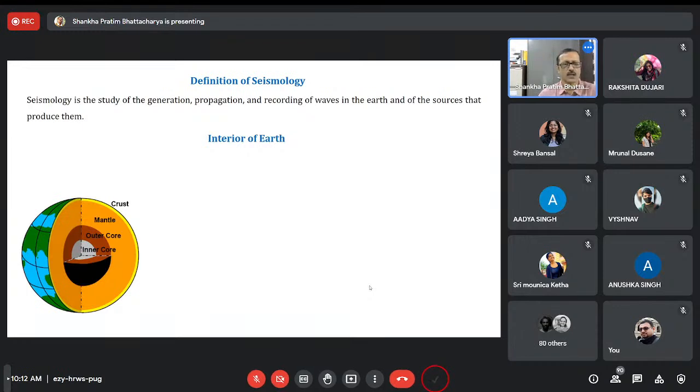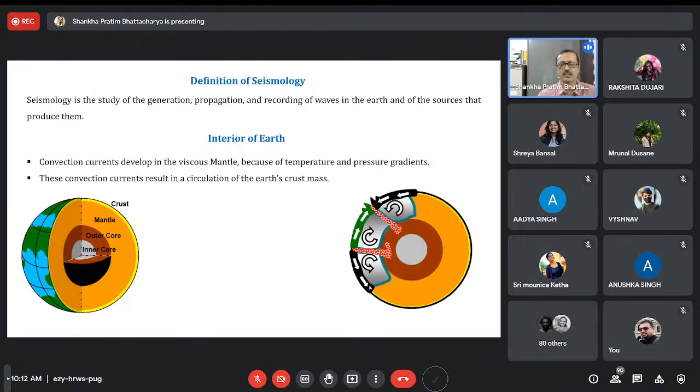So these three layers of the earth create some dynamic action. How is this dynamic action created? Because the mantle is viscoelastic and hot, there is a pressure and temperature gradient. What is a gradient? Gradient is the change of temperature in a particular distance. So if there is a deviation of temperature, differential pressure and temperature exist at a certain depth, and a convection current will flow.